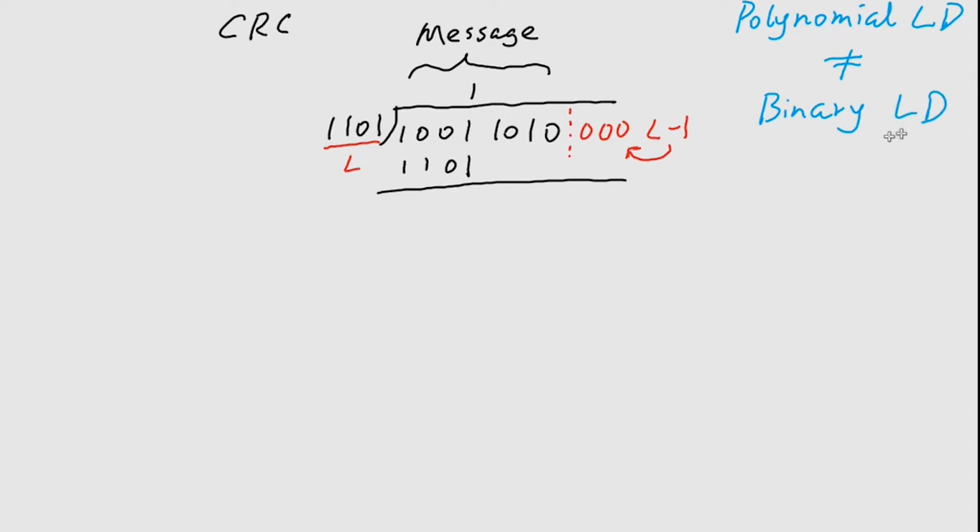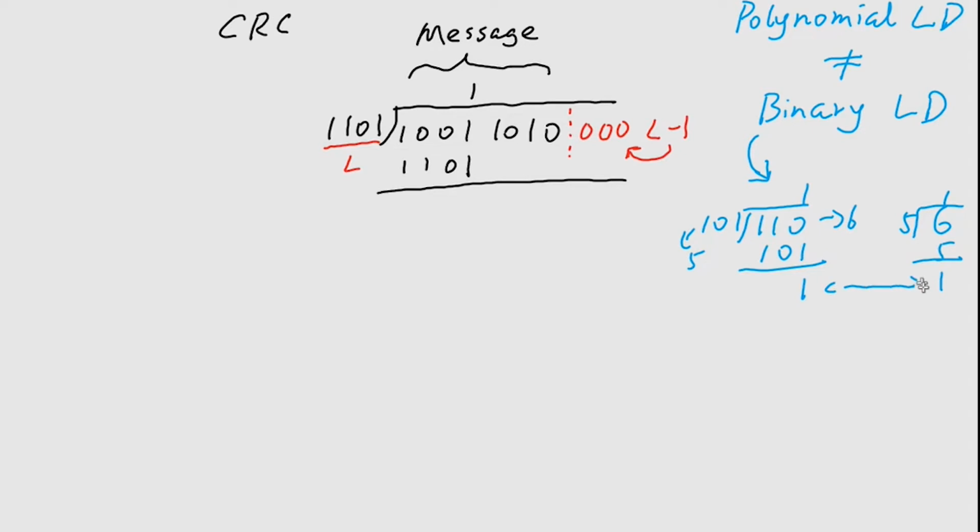A binary long division, for example, 110 over 101, the result will be 1 left, right? Similarly, here, 110, if we convert it to decimal, is 6, and 101 is 5. If you use 6 to be divided by 5, we will generate the same result, right?